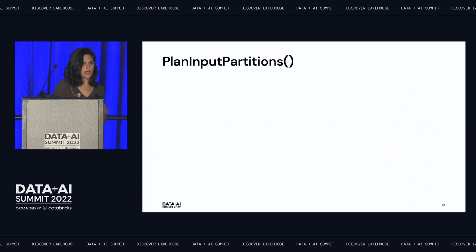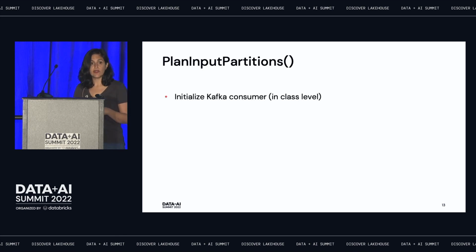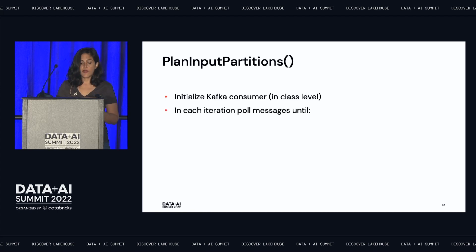So let's take a look at our implementation of the plan input partition. First of all, we have a Kafka consumer in the driver that is initialized when the streaming is started. Then, in each iteration, we poll messages until one of the following conditions is met.